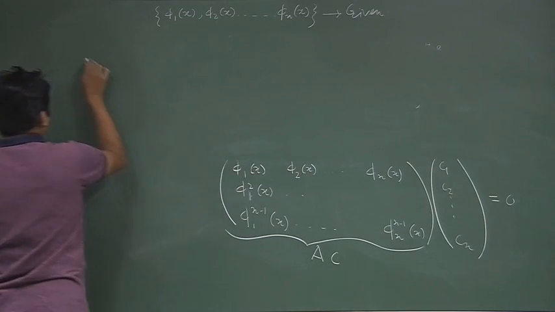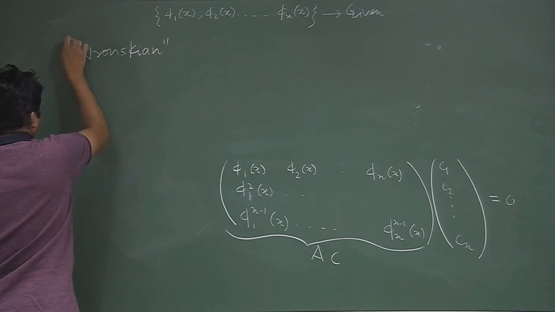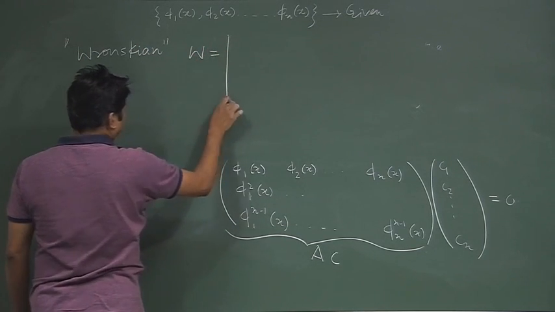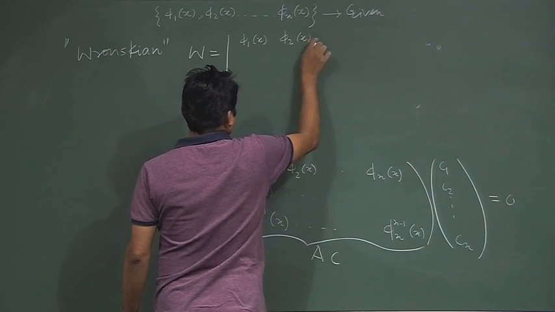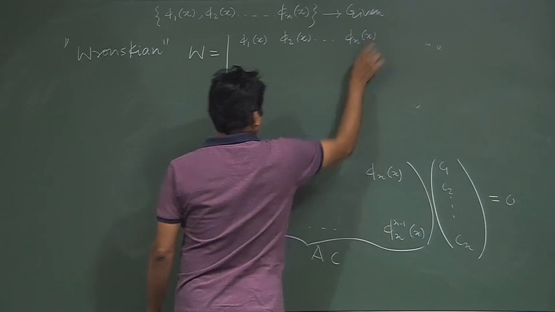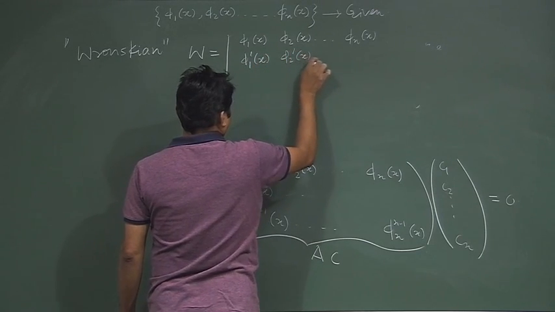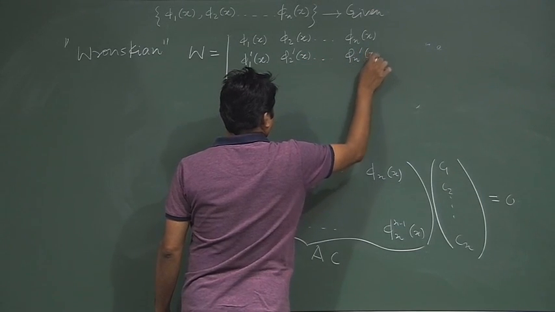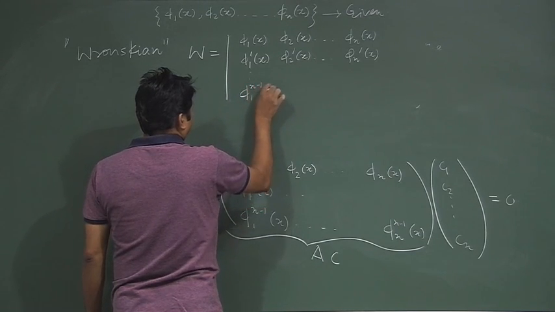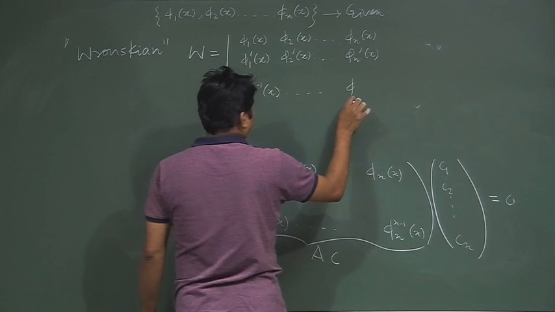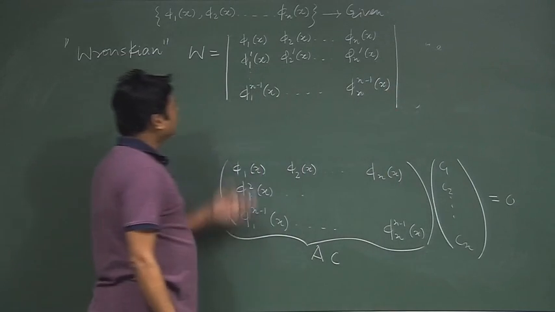This is called the Wronskian, defined as W. So, W is this quantity, this is called the Wronskian.